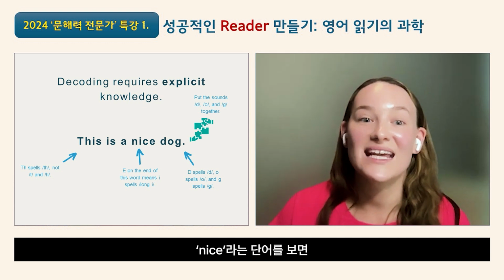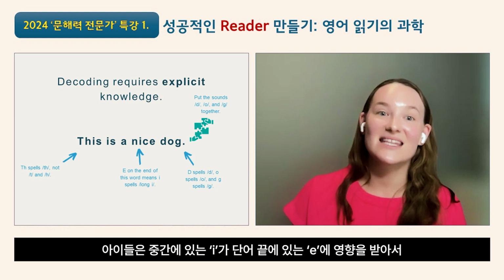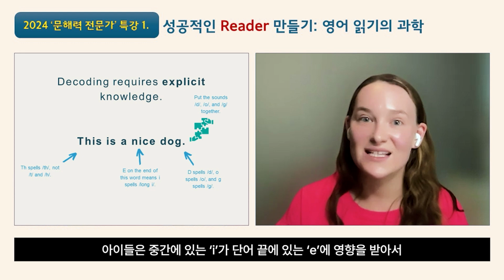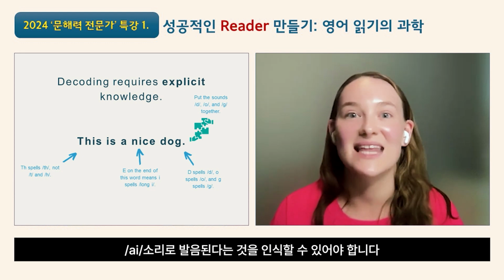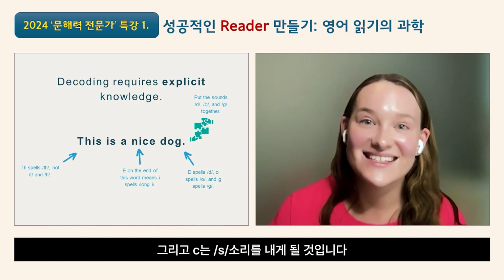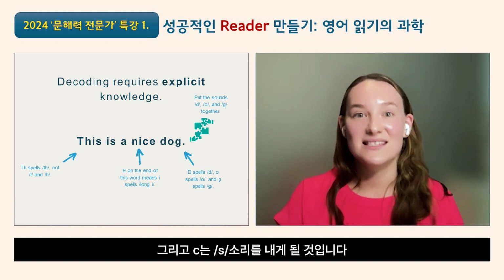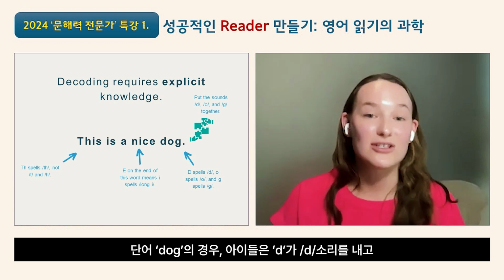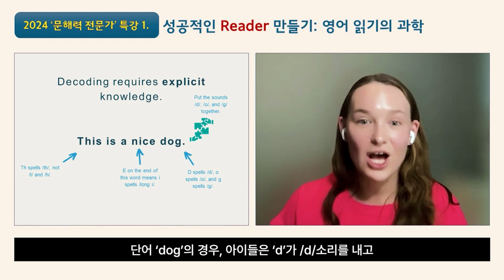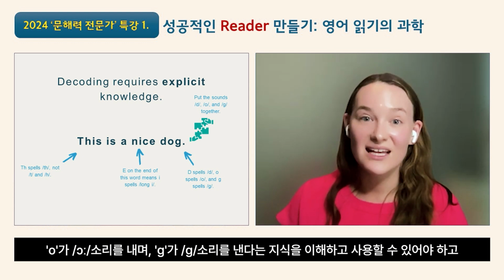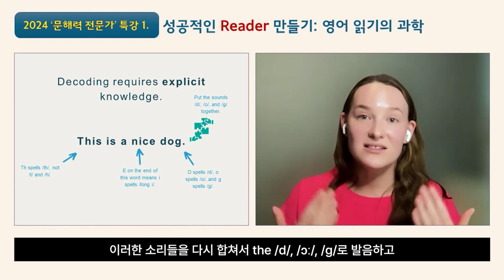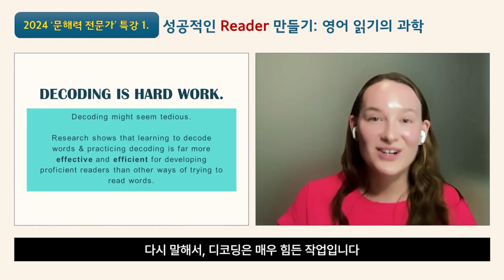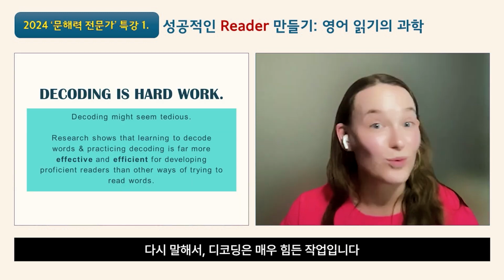If we take a look at a word like nice, children need to recognize that the E on the end of that word is going to influence that the middle I is probably not a short I sound, but is likely a long I sound, and that C is likely making an S sound. If they get to a word like dog, they need to understand and be able to use the knowledge that D spells D, O spells O, and G spells G, and then put those sounds back together, D-o-g, dog, and say the whole word. In other words, decoding is very hard work.